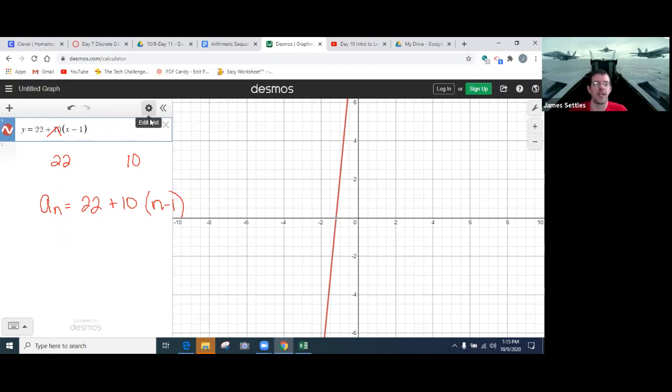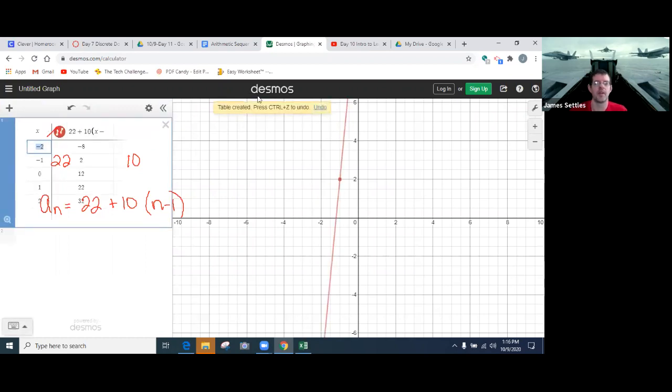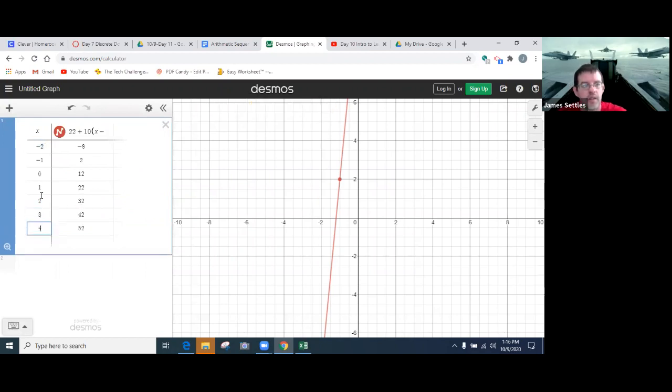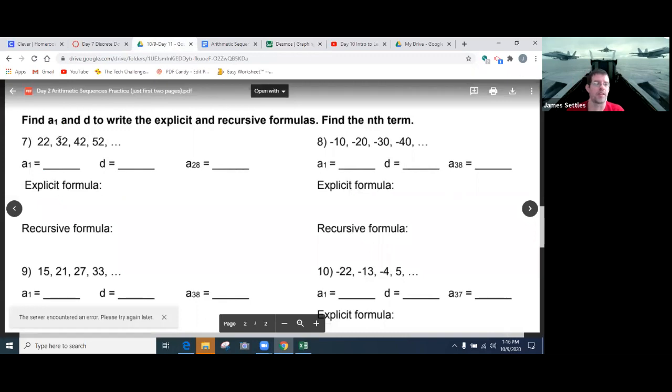All right, we're going to hit our settings button and go to table. I'm going to clear this for 1 second. And I don't need to extend this any, even though, just so that y'all see, this right here, 22, 32, 42, 52, does match our pattern right there, doesn't it? So just to show you that it does match.